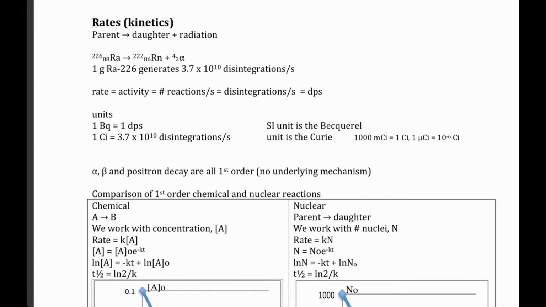The metric unit is Bq, it's called the becquerel, named after a scientist who studied nuclear decay. 1 becquerel is 1 DPS. Another unit is the Curie. 1 Curie is 3.7 times 10 to the 10th disintegrations per second, named after Madame Curie and her husband, who were very active in working with nuclear decay.